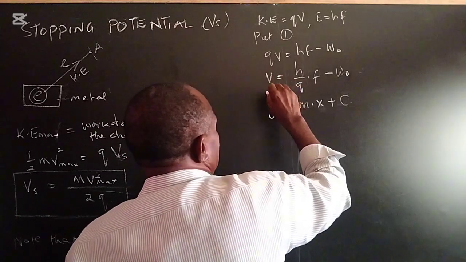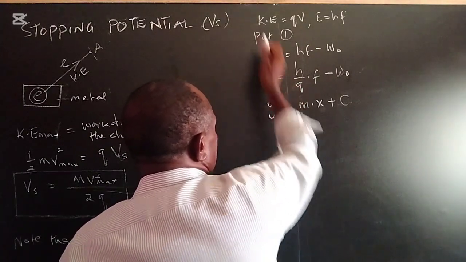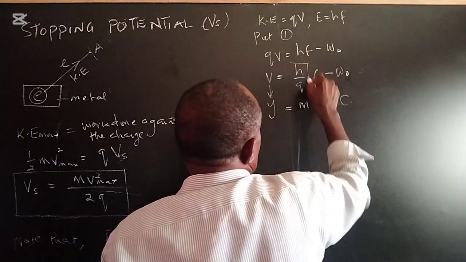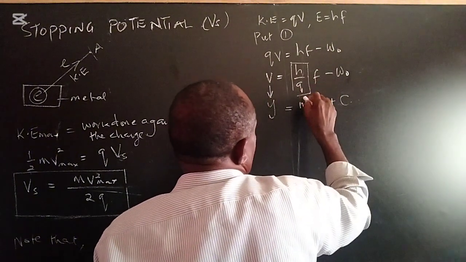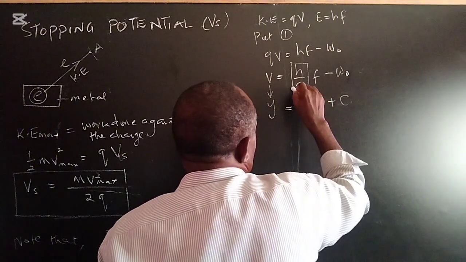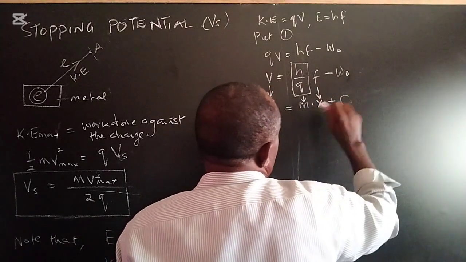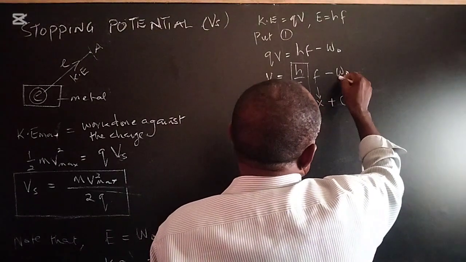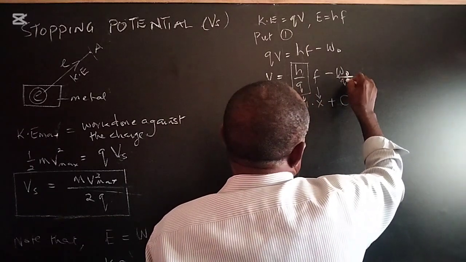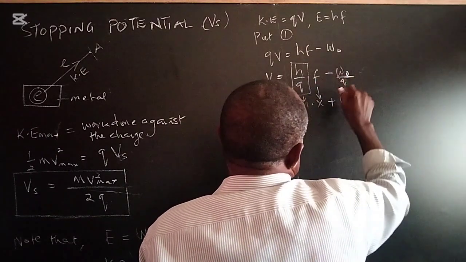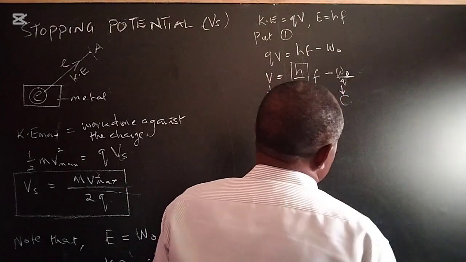So V is the dependent variable on the vertical axis. Then H over Q stands for the slope of the graph, and the frequency stands for x. Of course, sorry, this W0 is supposed to also be over Q because we divided each of these terms. So this one now stands as the intercept.